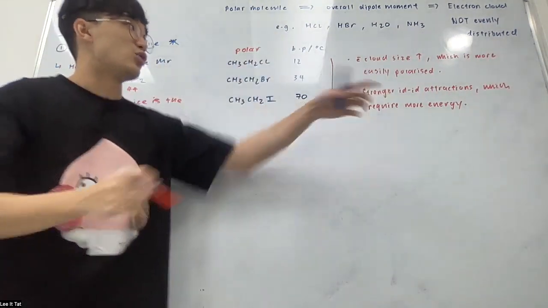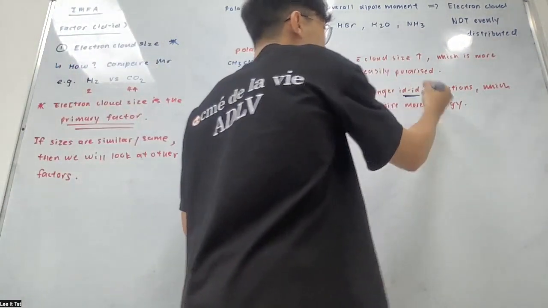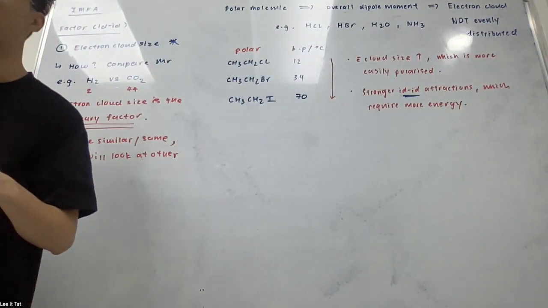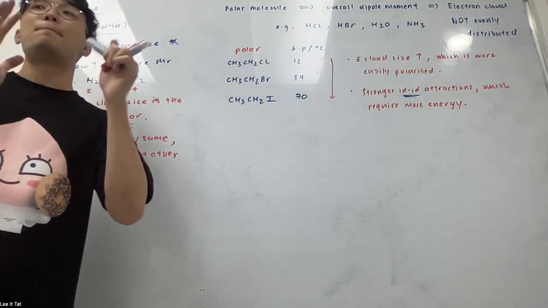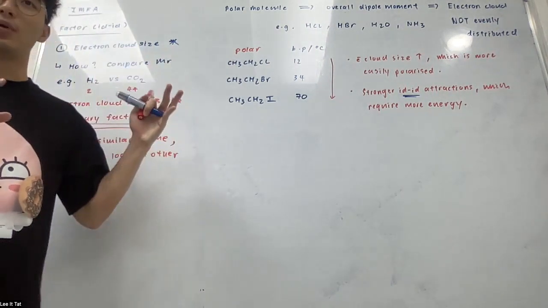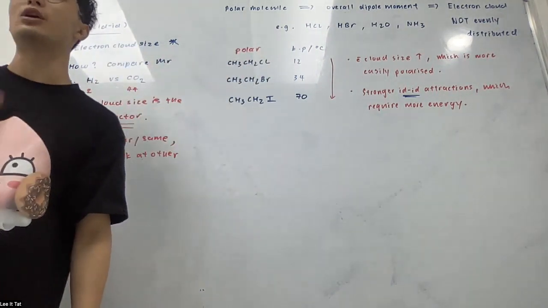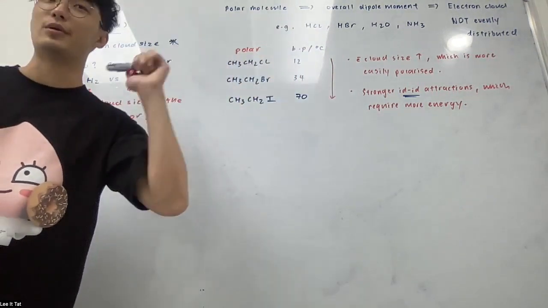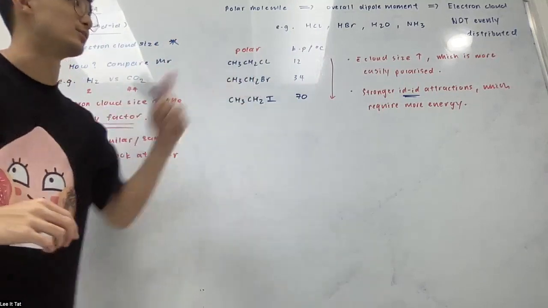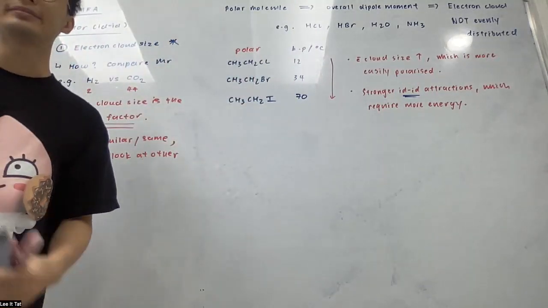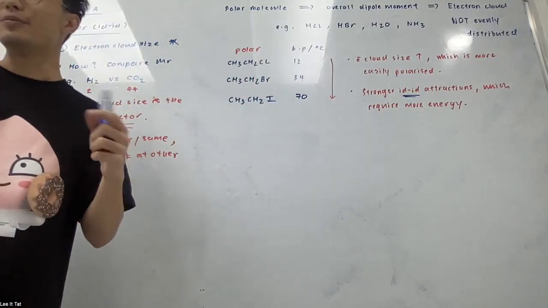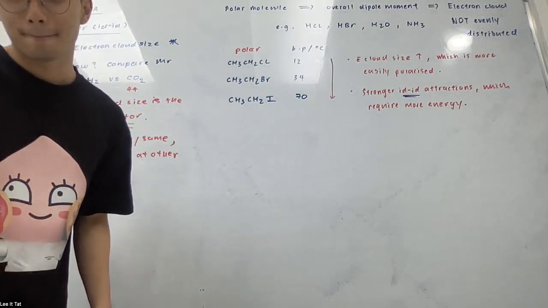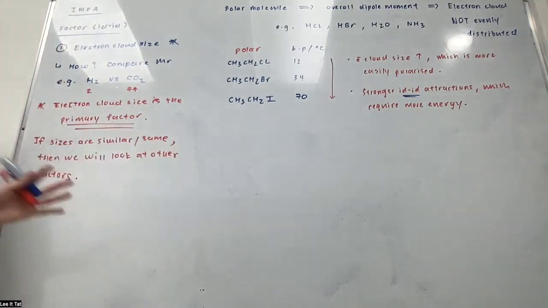The ID-ID attractions here are in fact the reason why the boiling points are as such. So again, it depends on the question set. Whatever data they've given you, you must choose the correct reasoning. This is the reasoning that we use, not the previous one. That was wrong. Make sense? So this was the answer. Okay so far? We'll slowly start to accept this. You can break this down first. All good.